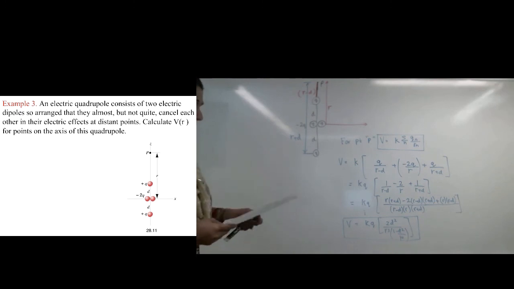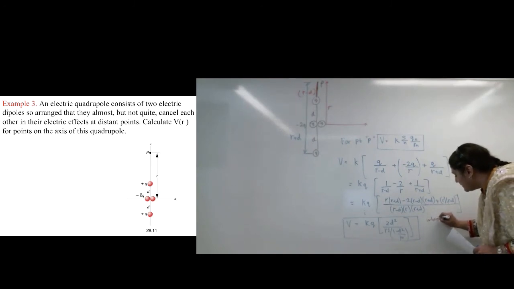Now, for the limiting case where d is much, much smaller than r, what will happen? We can ignore d squared over r squared, so we can ignore this.